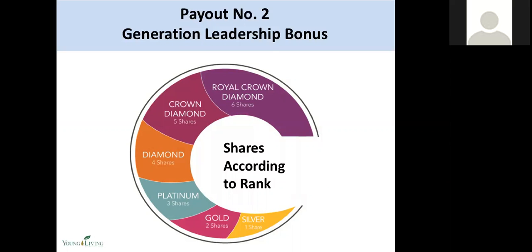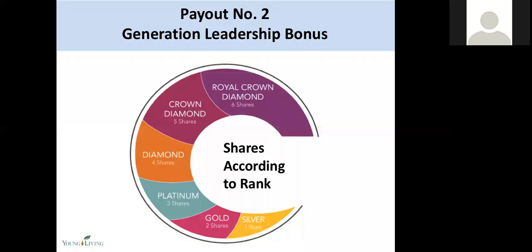So if you have generation level 4 and you're not being paid generation commissions on those silver or higher ranked leaders at that level because you have not yet rank advanced to gold, you're also not going to receive this generation leadership bonus, the shares from it, until you rank advance and are able to be paid generation commissions deep enough within your organization as well.